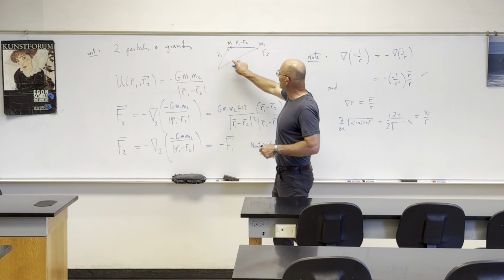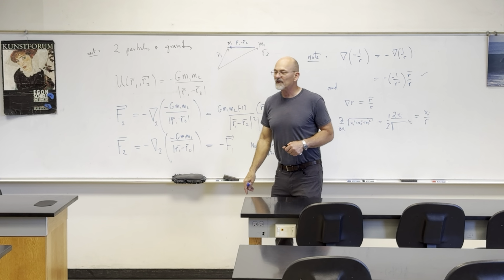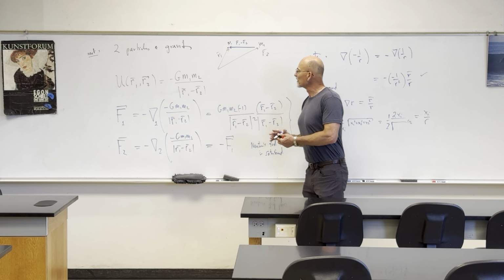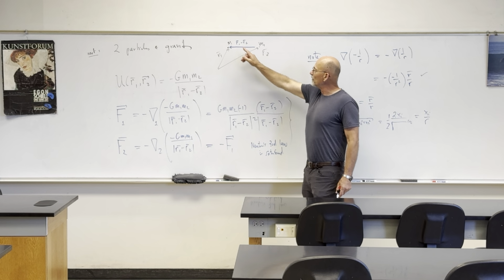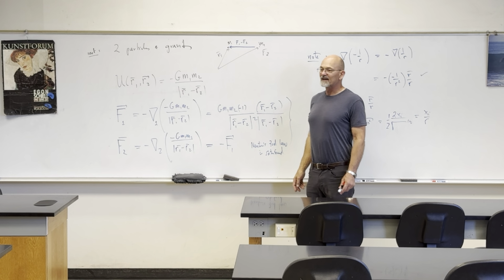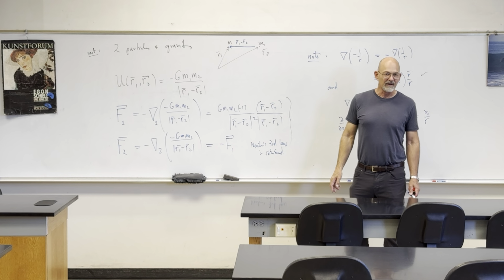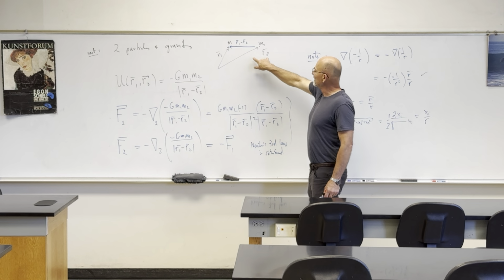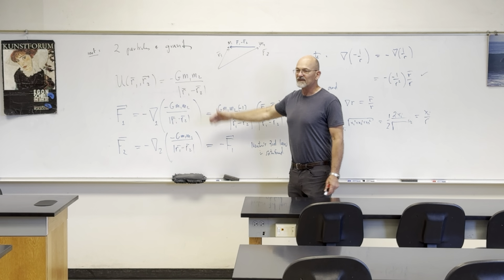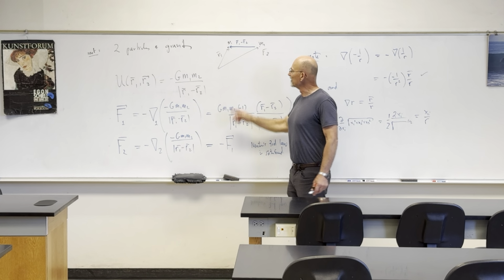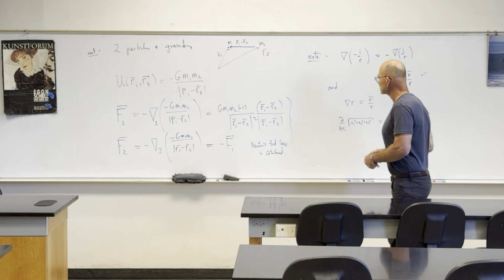This was an example of those internal forces. Now, if these two particles are, say, the Earth and the Moon, but the external force is from the sun, then they're still both subject to the sun, even though these two cancel.